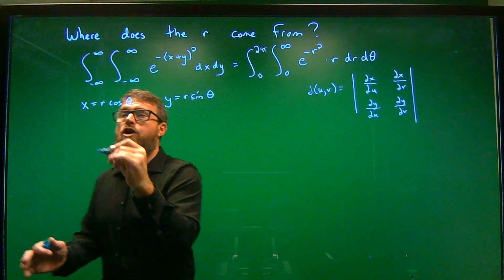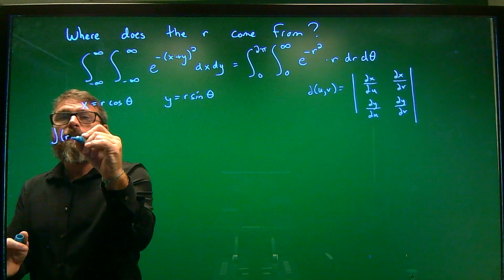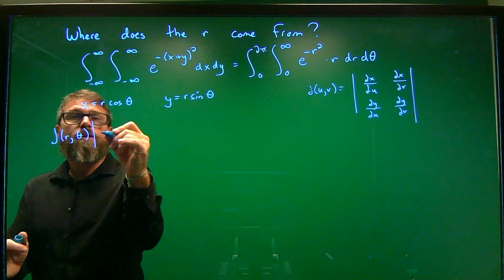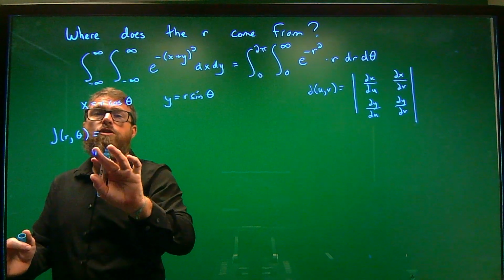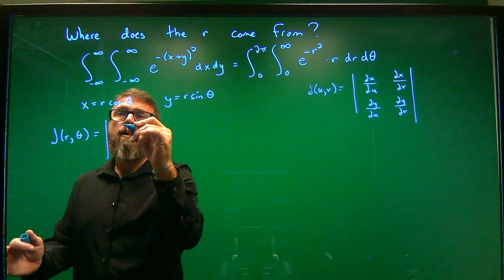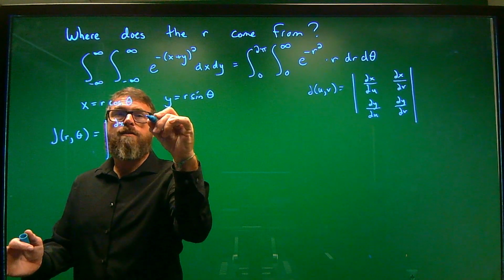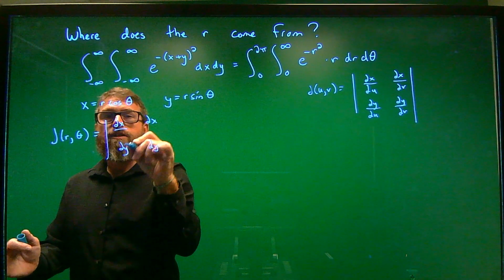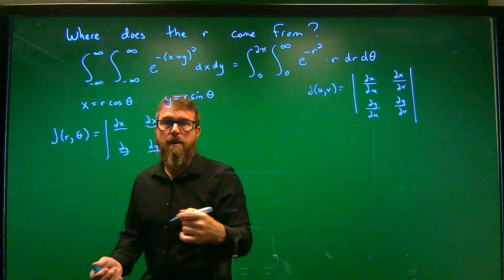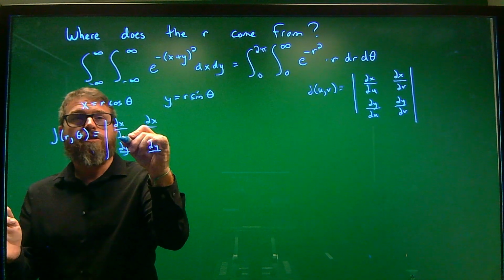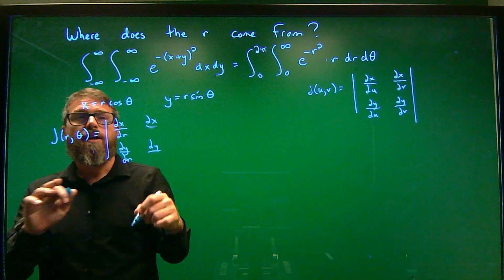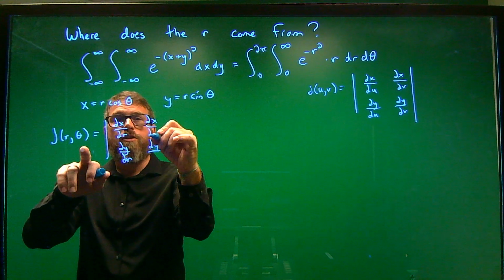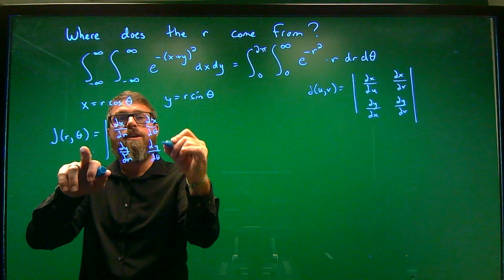Now, when I want to do the Jacobian of r comma theta, it's very similar. This is going to be equal to the determinant of my dx's for the first row and my dy's for my second row. The first column is the derivatives with respect to the first variable, which is r, so this is dr. And the second column is with respect to theta, so this is d theta.